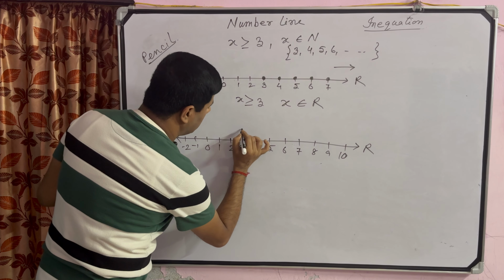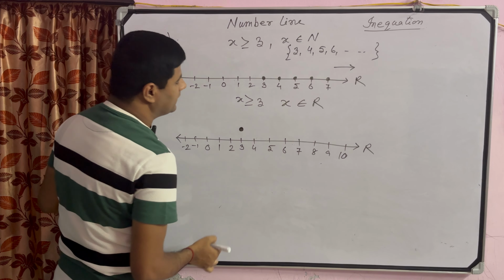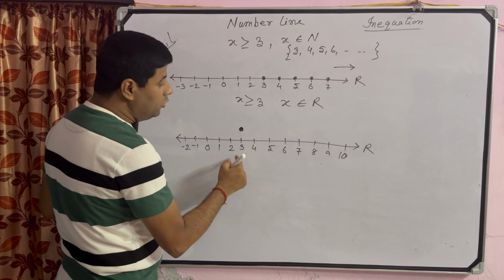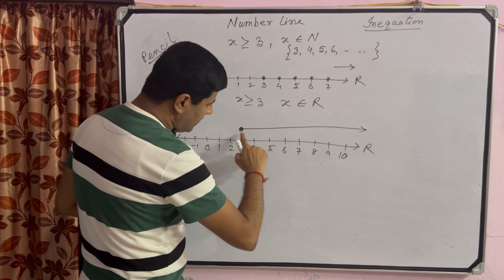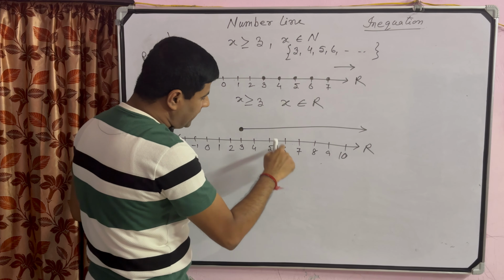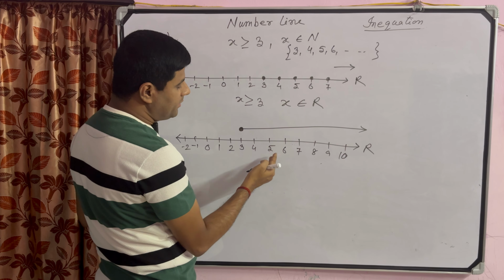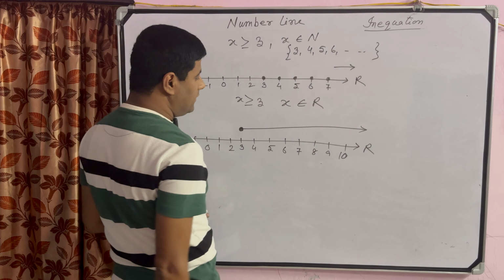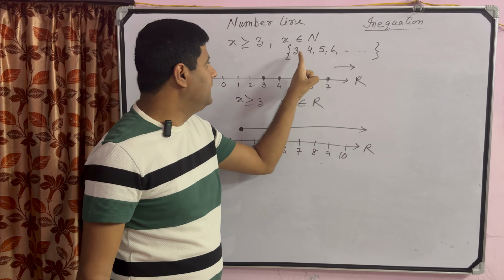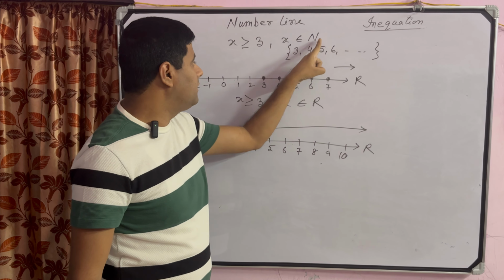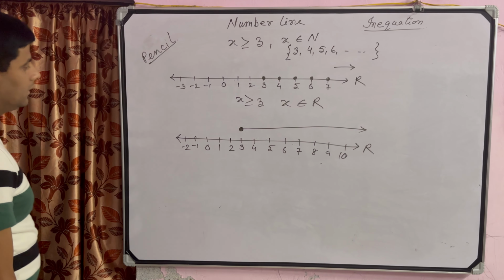So you'll make a dot which is covered, like a filled circle. This means it is included, okay, and all the real values. So I'm giving this line, this means I'm not jumping. This means all the values are possible: 3.1, 4.1, 4.2, 5.1, all are possible, correct? That's why I'm giving this type of line, not the jumping line, because integers and natural numbers are jumping, but real numbers can be anything, okay?